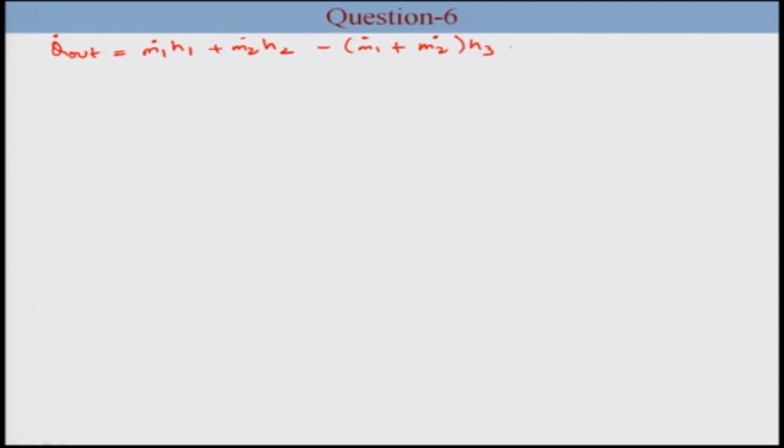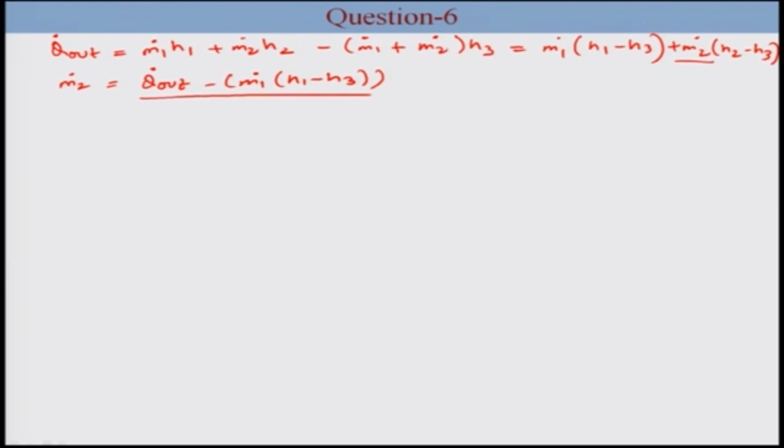So, this is equal to m1 dot (h1 minus h3) plus m2 dot (h2 minus h3). From here, solving for m2, we will get m2 is equal to (Q out dot minus m1 dot (h1 minus h3)) divided by (h2 minus h3).